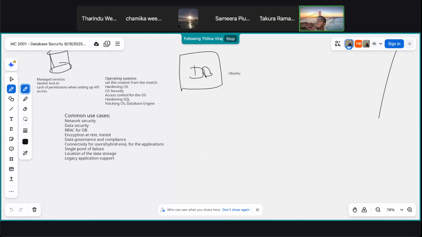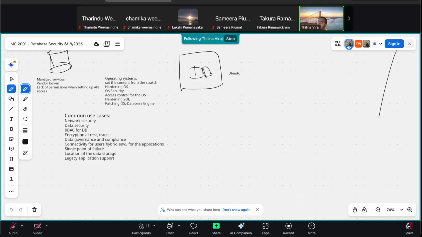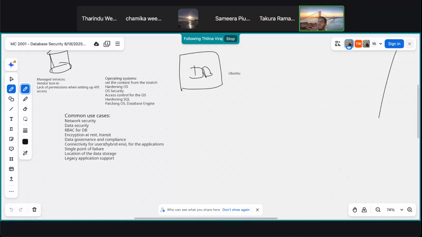Yeah, correct. But you accept that risk when you go into the cloud, right? It will be applicable everywhere. So I would say it's more of a holistic approach, but I would keep it aside at this moment because when you move into the cloud, you anyway accept that risk.